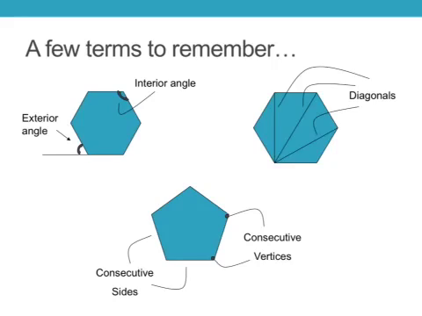We also have diagonals, and these are the lines that connect vertices that are not side to side, or they connect non-consecutive vertices is how we should really say it. So the ones that are consecutive, we don't count, but the ones that are non-consecutive, we do count. And then we can have consecutive sides, which are sides after each other, and consecutive vertices, which are one vertex after another.